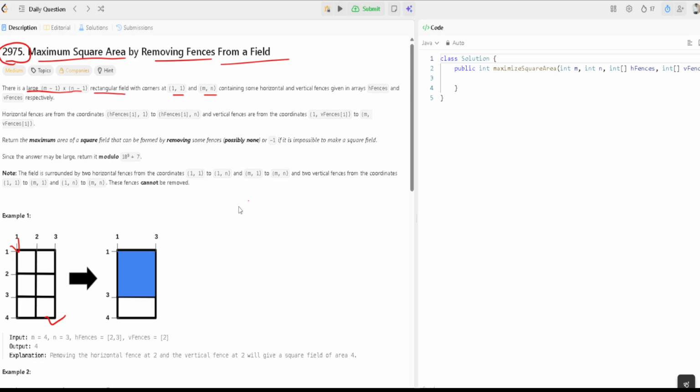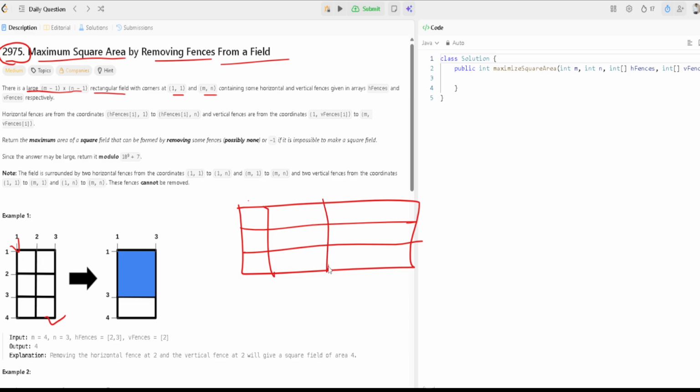If you form a rectangle and convert it into cells, the very first cell is 1 comma 1, and whatever m and n we are given, from there the last cell becomes m and n. So this is the very first corner and this is the last corner we have.